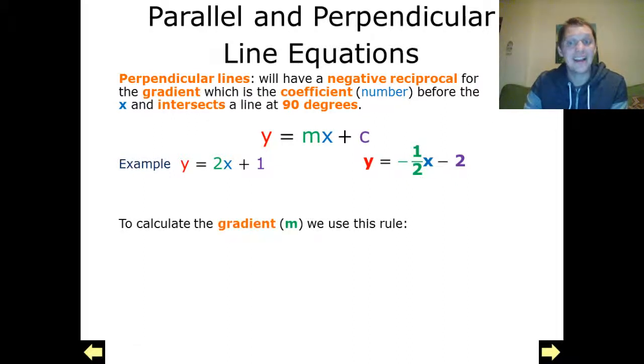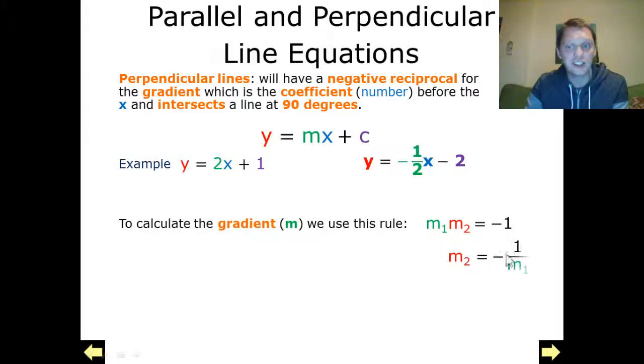But we could also calculate this. If you're not sure about working with negative reciprocals, we can use this rule. Anytime that we multiply our original gradient with our perpendicular line equation gradient, the answer will always be negative 1.